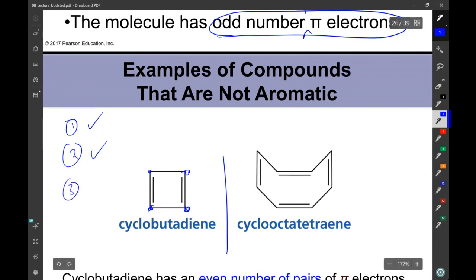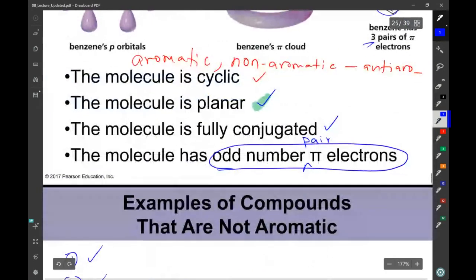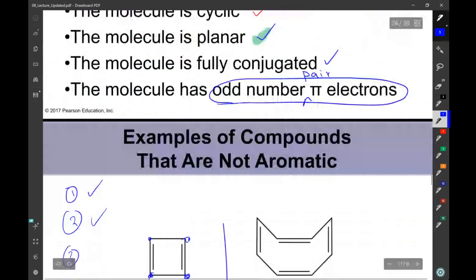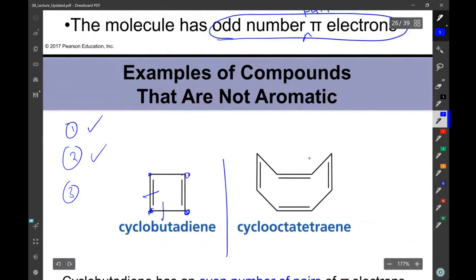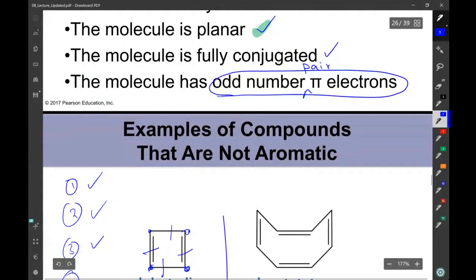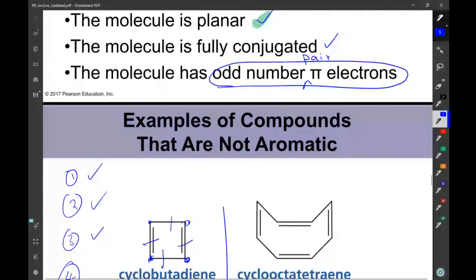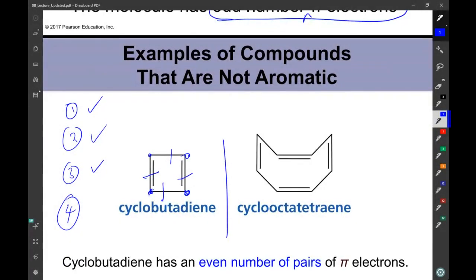Rule number 3, the molecule is fully conjugated. Let's see. Double bond, single bond, double bond, single bond. Check. Rule number 4: the molecule has an odd number of pairs of pi electrons.